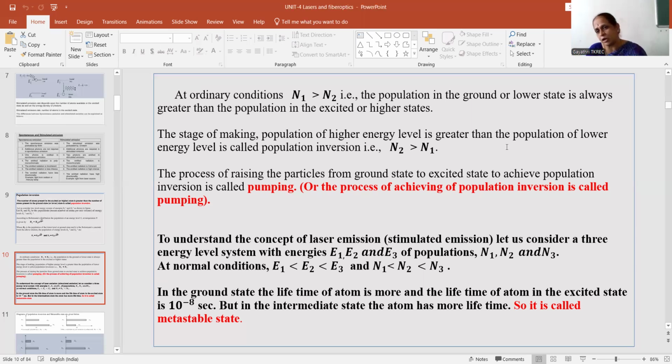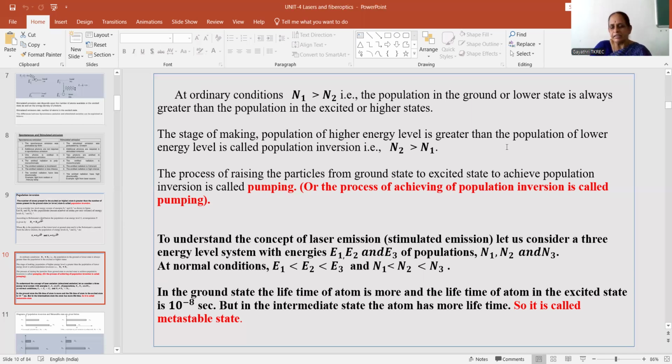This process is called pumping. The process of achieving population inversion is called pumping.